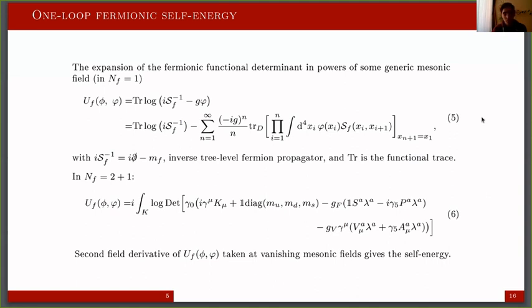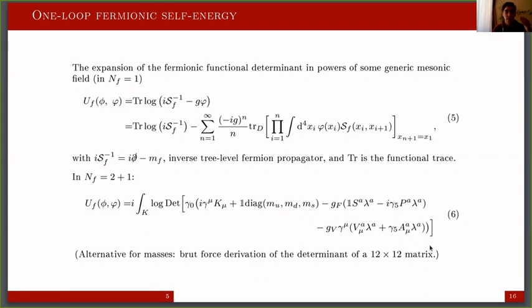It is a little bit more ugly for N_F equals 2 plus 1, so I did not write it up there, only the form of this functional determinant. This is one way. The other way is that one can alternatively calculate it brute force by deriving this determinant. But basically it does not show the nice property that the curvature mass is related to the self-energy.